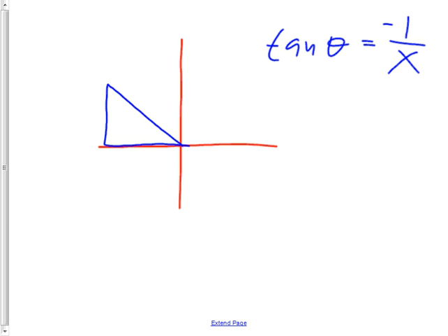Now could we be okay? All right. Tangent's negative in that one. All students take calc. Remember how tangent's positive here and here, but it's negative in here. So then tangent should be opposite over adjacent. So this opposite side will be 1 and this will be negative x. Does that make sense to you? Okay.